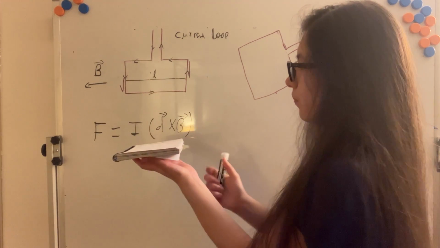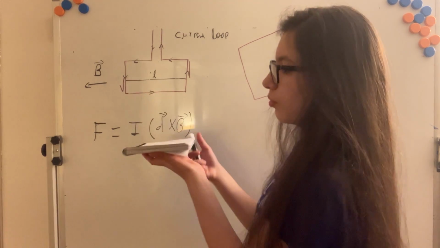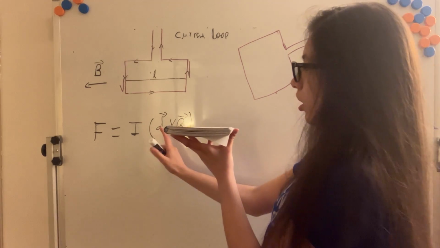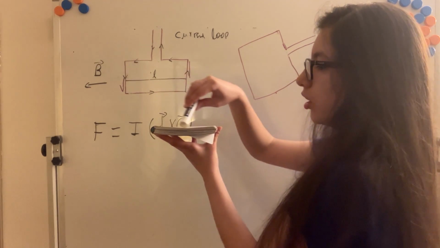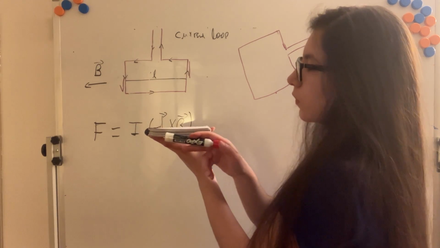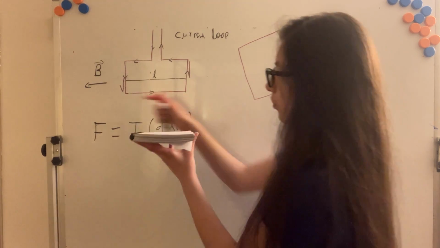So the magnetic field, let's say for this part, I'm talking about this part. Here the length of the wire is exactly 180 degrees from the direction of the magnetic field.